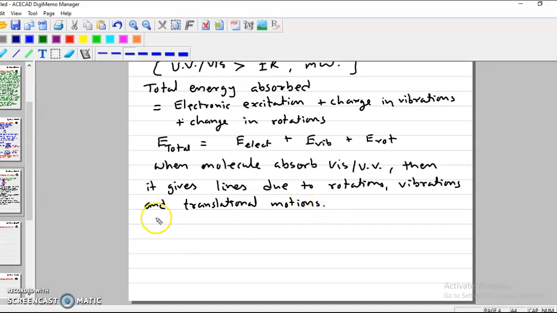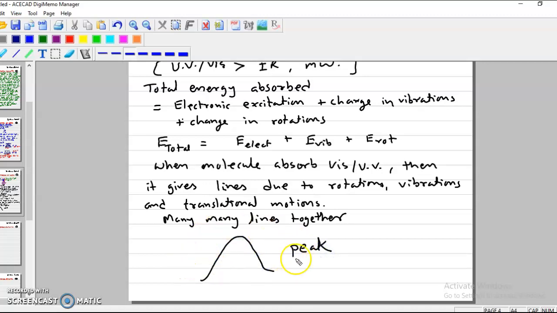Okay, that means again there will be many lines together. And when all these lines merge, produce not band but huge peak like this. And this peak is known as UV visible spectra.